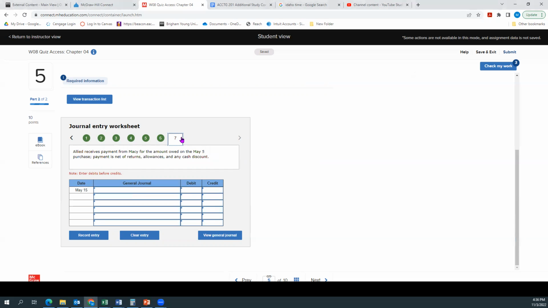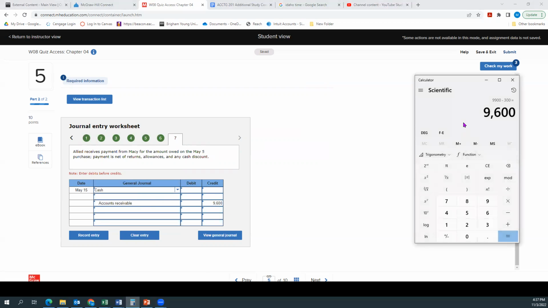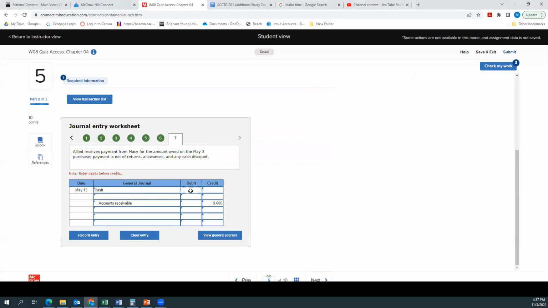So our accounts receivable at this point is 9,600, and we know we're going to want to reduce that whole accounts receivable by 9,600. We're going to receive some cash, but the cash is not going to be the full 9,600. It's going to be 9,600 times 98% to see how much cash they're actually going to pay us, 9,408.